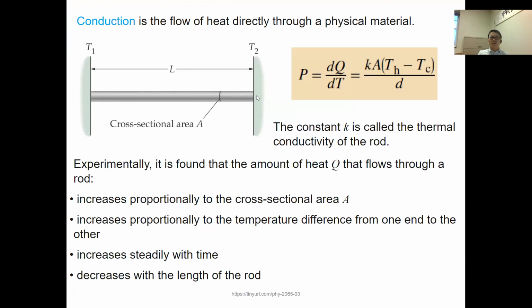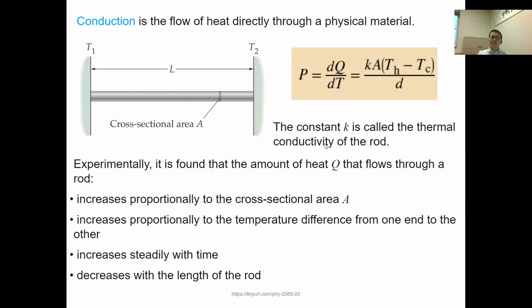Through this solid material, the power, the rate the heat is transferred, depends on the temperature difference TH minus TC, the length of the rod D, and the cross-sectional area A. Kappa is the conductivity of the material, so it depends on what material it is.